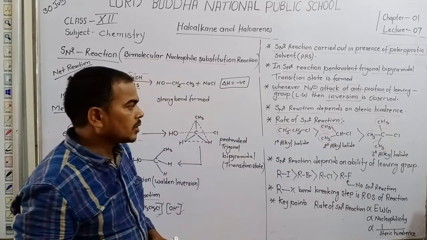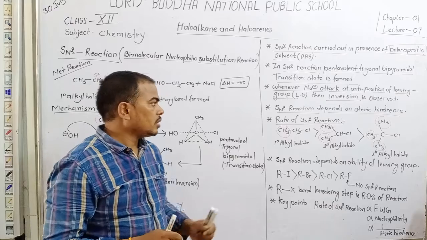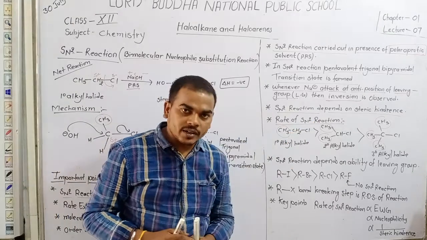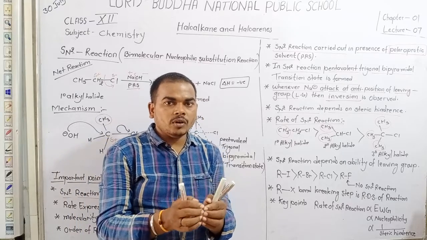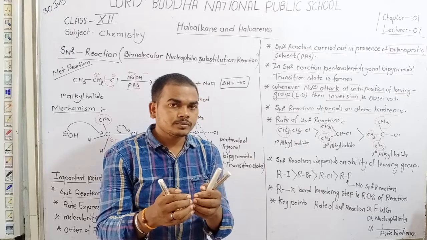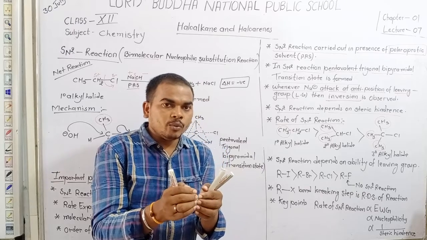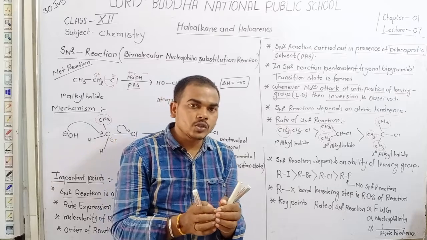Dear student, you know that the SN2 reaction depends upon the steric hindrance, and the fewer the alkyl groups, the less steric hindrance is created, which is favorable for the SN2 reaction.